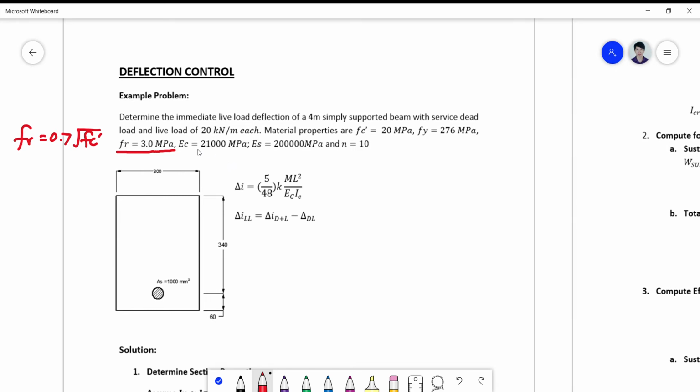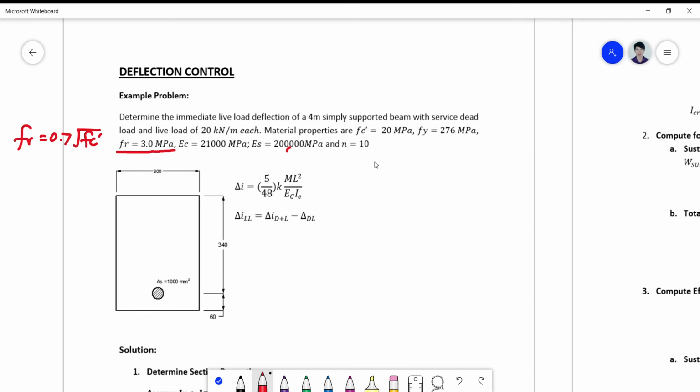So your modulus of elasticity of concrete is 21,000 megapascal, and your modulus of elasticity for steel is 200,000 megapascal. So n is also given, so you don't need to compute for it.